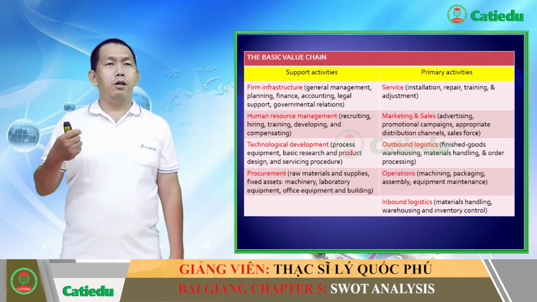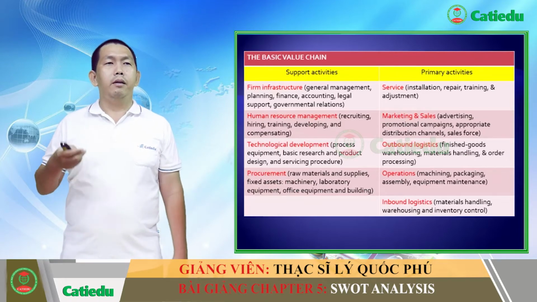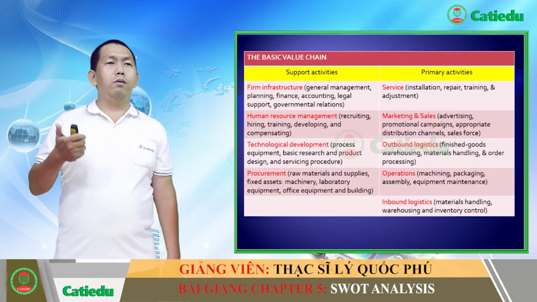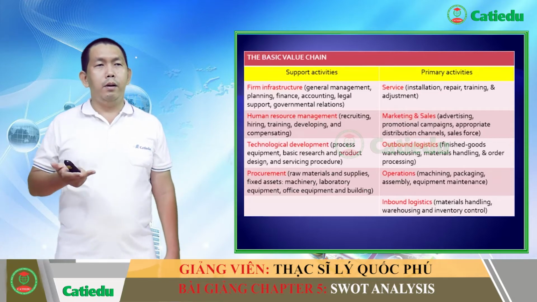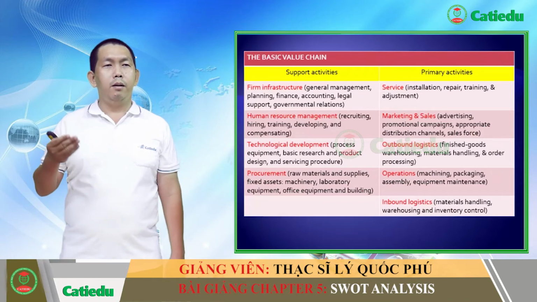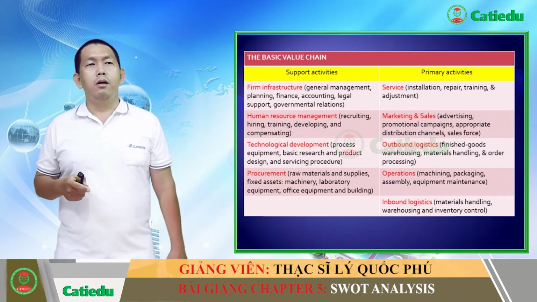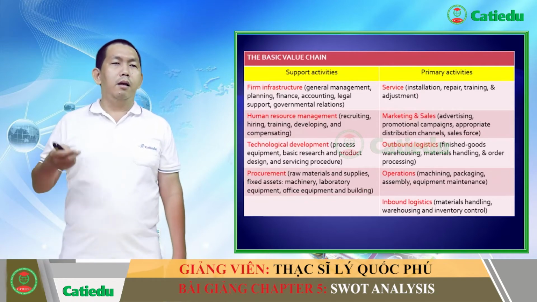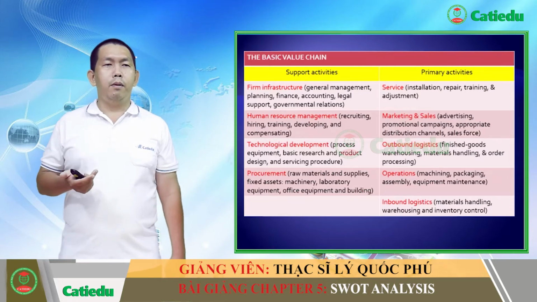From human resource management, you have recruiting, hiring, training, developing, and compensating. From technological development, you have process equipment, basic research, and product design and servicing procedures. And procurement includes raw materials and supplies, and fixed assets like machinery, laboratory equipment, office equipment, and buildings.